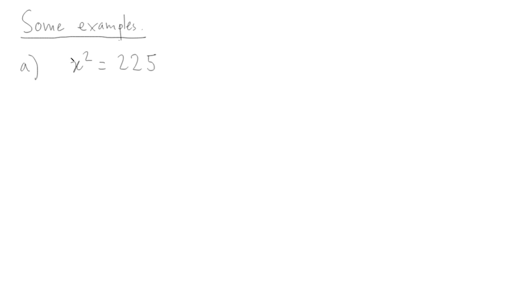Now what do we do to get rid of the x squared, or to find the solutions of the equation? Well, we take the square root of both sides.